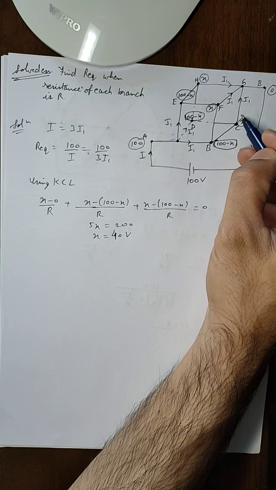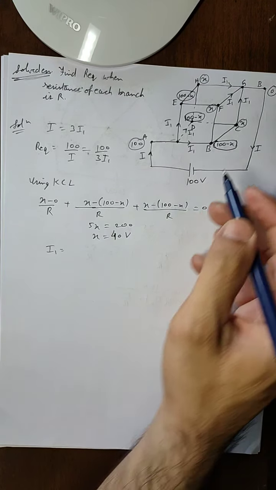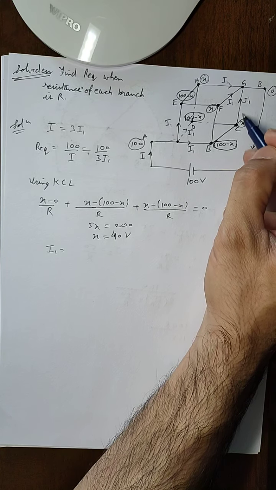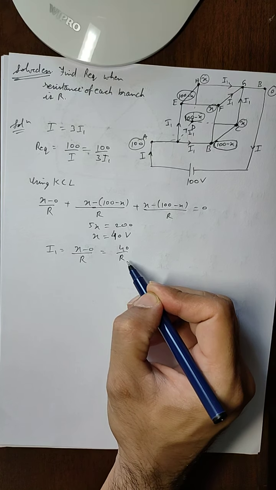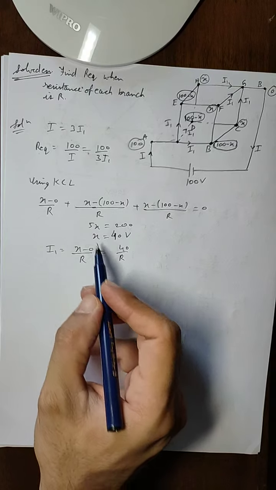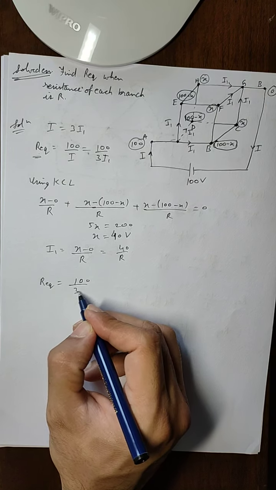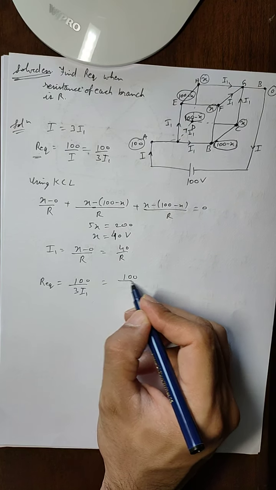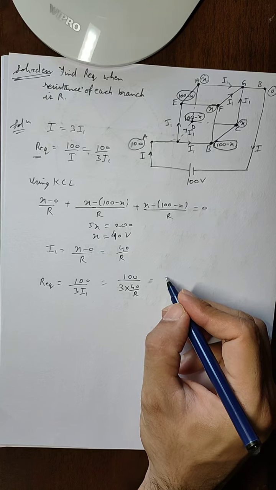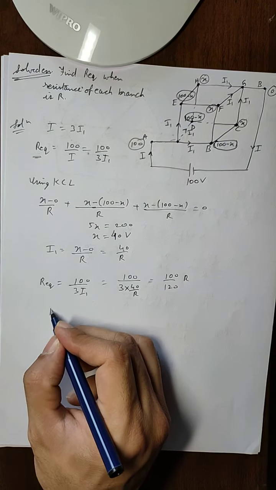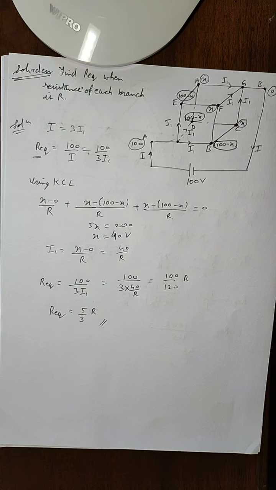So let us say that in this branch the current I1 is flowing through the resistance R. So I1 will be equal to the potential difference across this branch, which is X minus 0, upon R. X is 40, so I1 will be equal to 40 by R. After this, we can directly apply the equation R equivalent equals 100 by 3 I1, which is equal to 100 by 3 into 40 by R. So this should be equal to 100 by 120 R, or the value of R equivalent will be 5 by 3 R, and this will be the answer. This will be the equivalent resistance of this circuit.